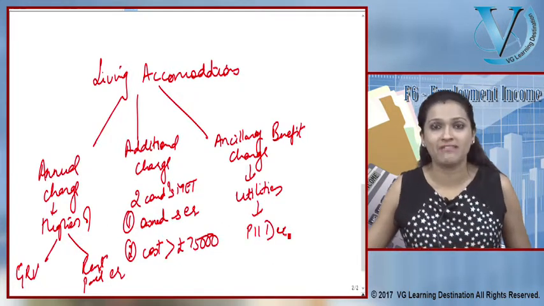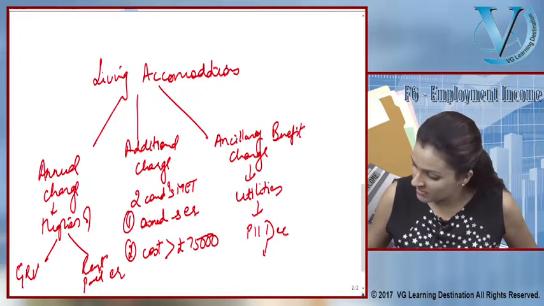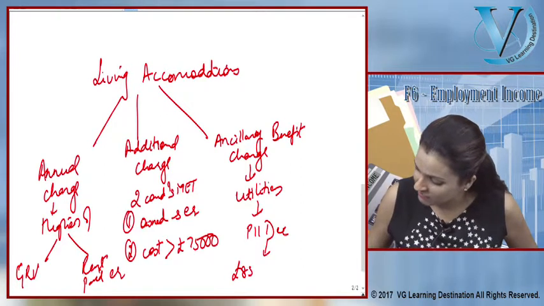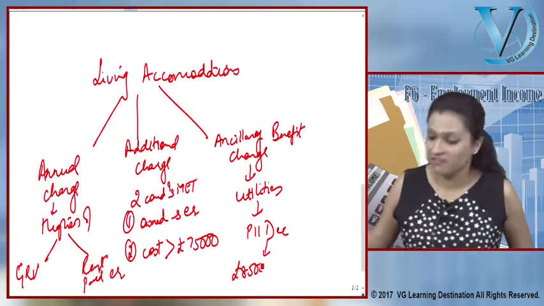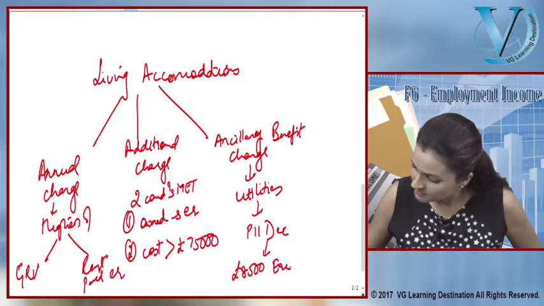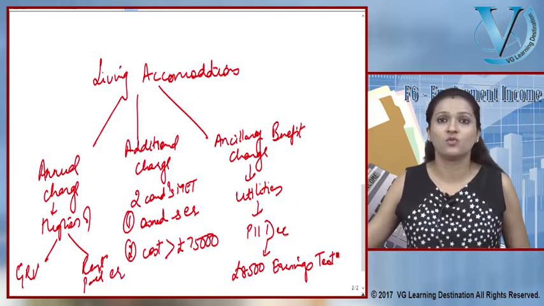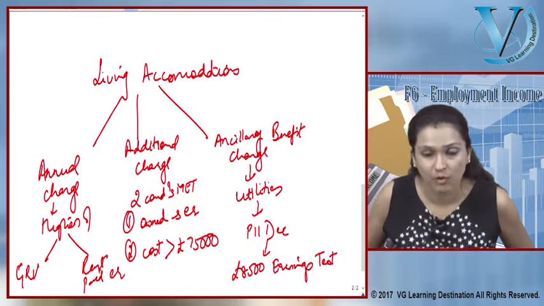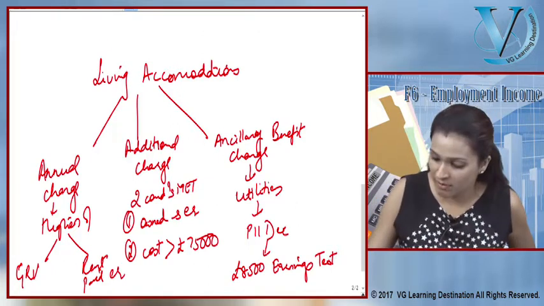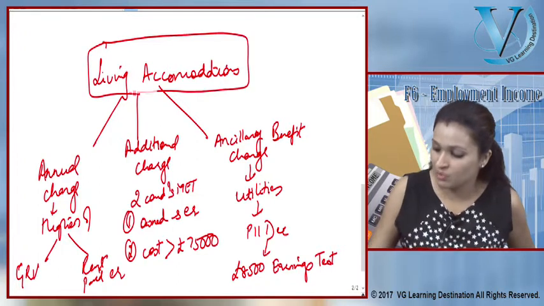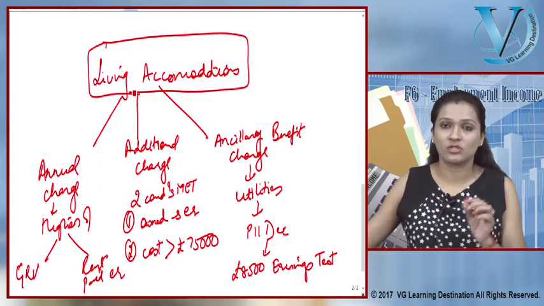What makes you a P11D employee? Having qualified the 8,500 earnings test. That is what makes you a P11D employee. So make sure that for the living accommodation benefit, you know what to charge, what is the proforma.